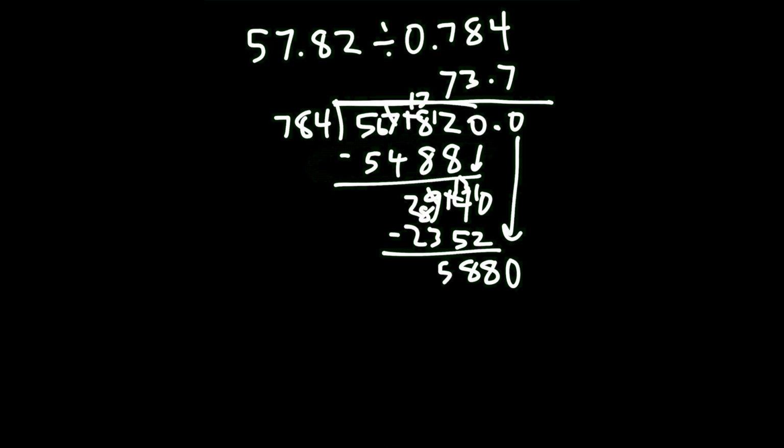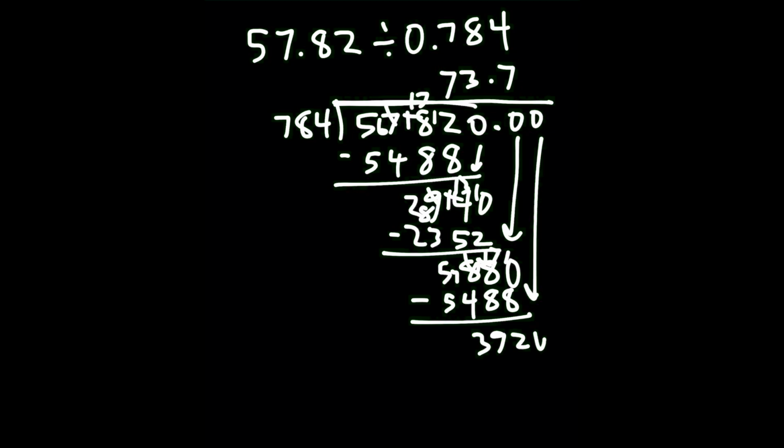And so I'm going to write this down, and I'm going to subtract. Okay, and so now I have 392, so I'm going to go ahead and bring down another 0.